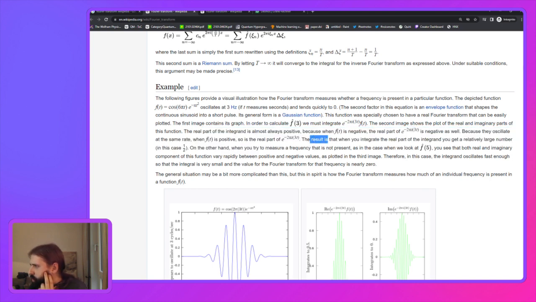The result is that when you integrate the real part of the integrand, you get a relatively large number. On the other hand, when you try to measure a frequency that is not present, okay, I get it. So this is just a general recipe, right? What this will ensure is that if you're trying to measure a frequency that is not present, then you're going to get something like 0.